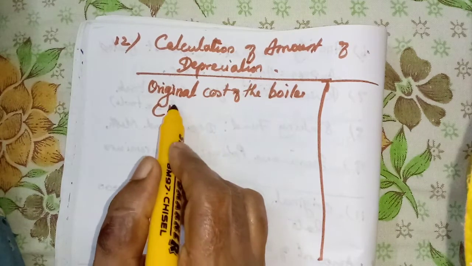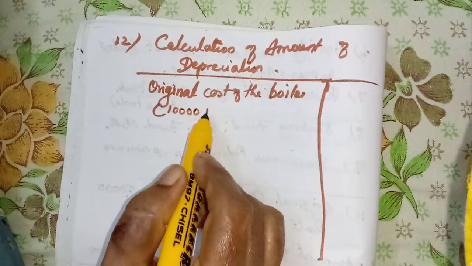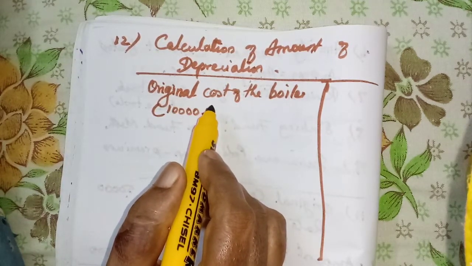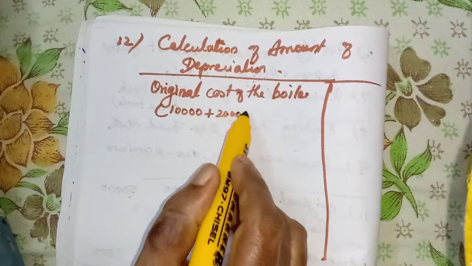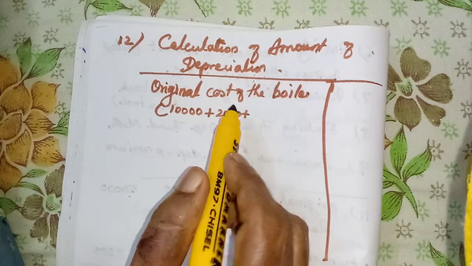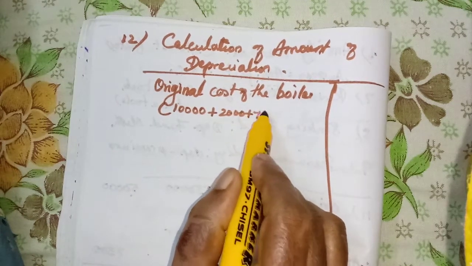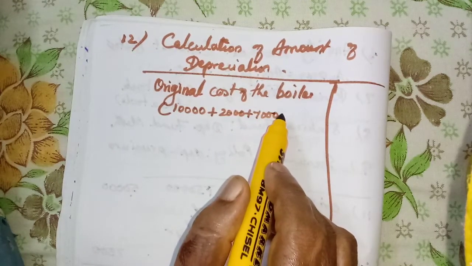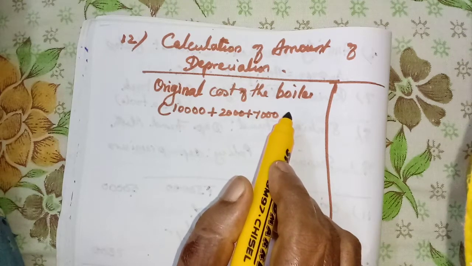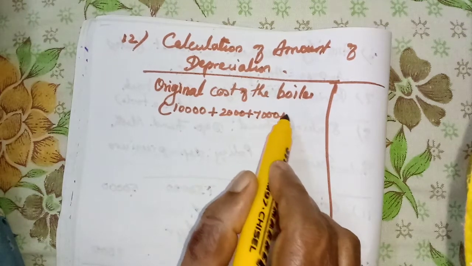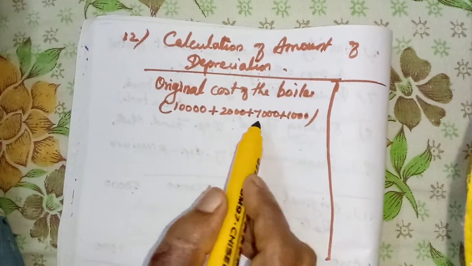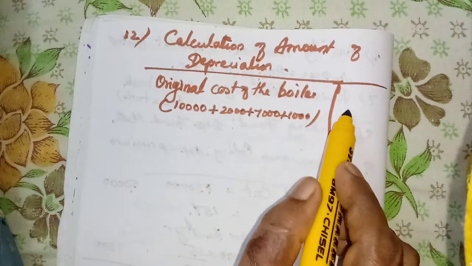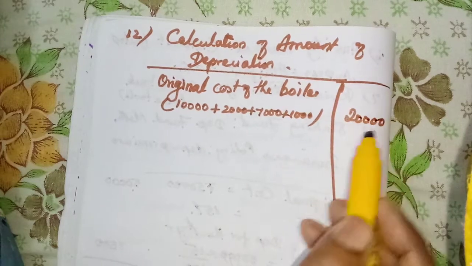We purchase from abroad, that one value is 10,000, and that shipping and forwarding charges. All the expenses related to purchases we need to add. Import duty 7,000. Installation charges 1,000. How much? 10,000, 12,000, 19,000 plus 1,000, 20,000.